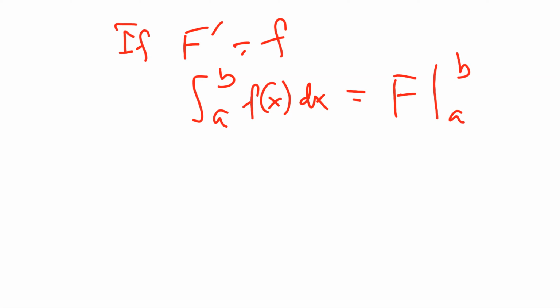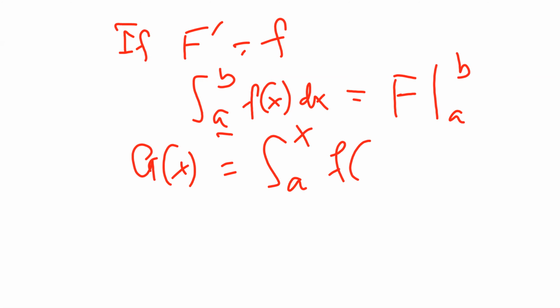Because recall that if you define G(x) to be the integral from a to x of f(t) dt, this is an area function, then it's an antiderivative of f, right? Because you know that G prime is f.